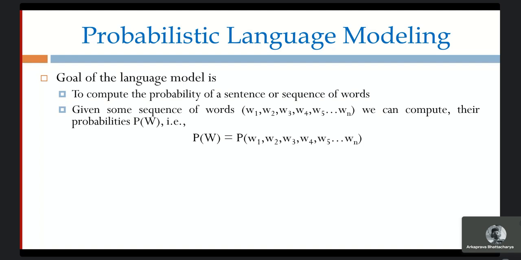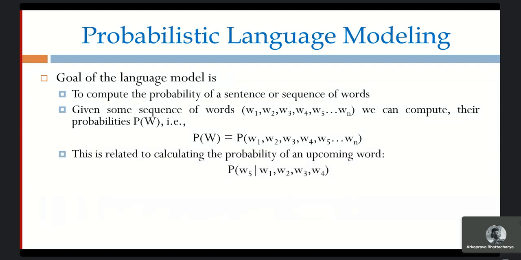So now the probability of W would be the probability of the sequence of words. This is related to calculating the probability of an upcoming word. Now how can I go about calculating the probability of an upcoming word? Let's suppose I consider a sentence of five words. Now the probability of predicting W5 given the previous words W1, W2, W3 and W4.